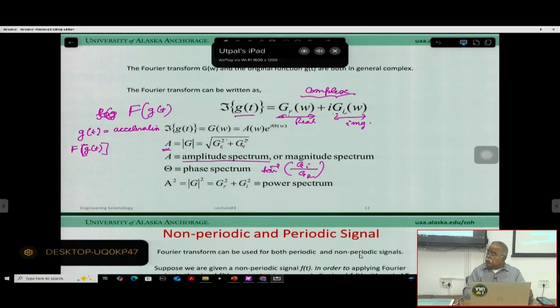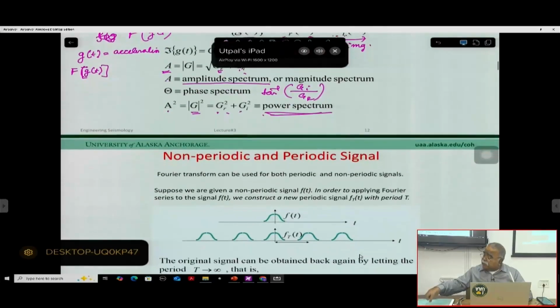Then that will be the phase spectrum of the data, and then your amplitude spectrum will be equal to the square root of the sum of squares. If I do not take the square root, and I just add these two terms, then that becomes a power spectrum because it's an amplitude square. Amplitude square is always a power, right? So that part is fine, right?